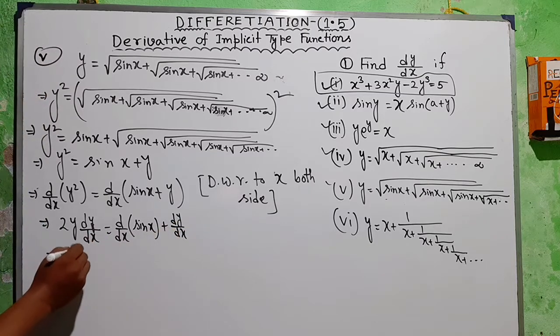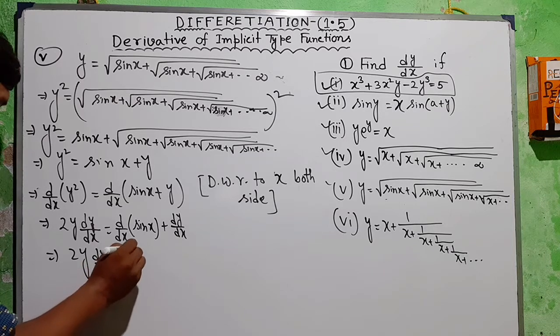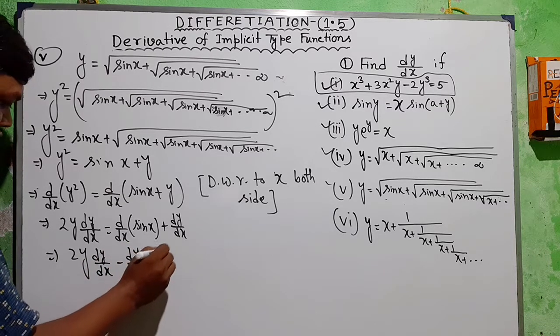So 2y dy/dx minus dy/dx equals cosine x.